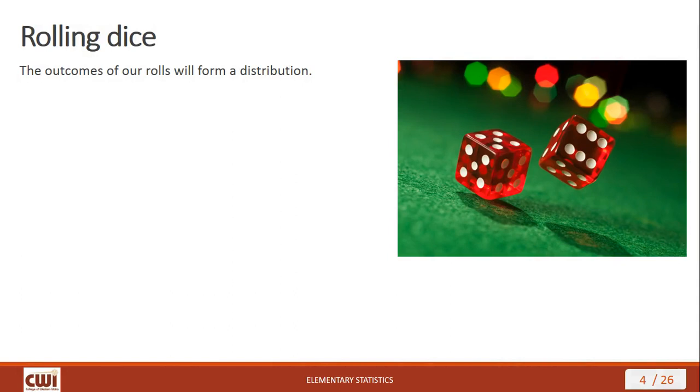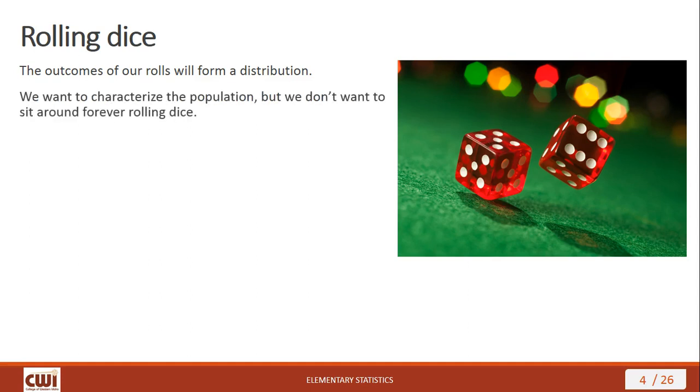To do that, we're going to have a little bit of an experiment here with rolling dice. We're going to use the outcomes of dice rolls to make our own distribution, to illustrate how sampling distributions work. What we want to do is characterize the entire population, but in order to get the entire population of rolling dice, we'd be sitting around forever rolling the dice. We don't want to do that.